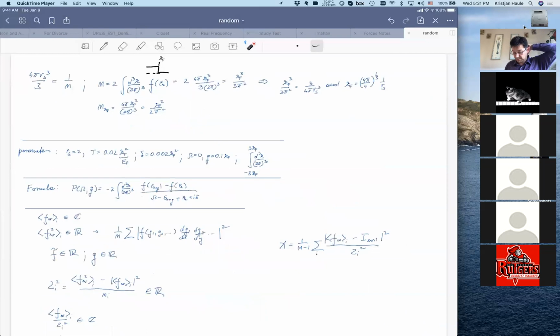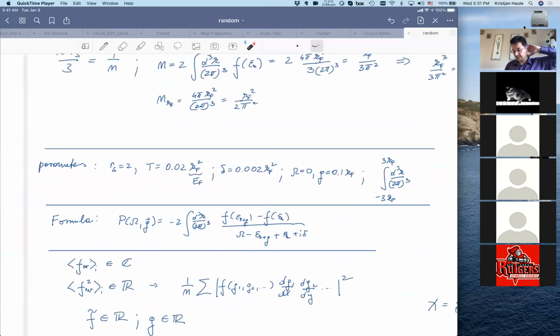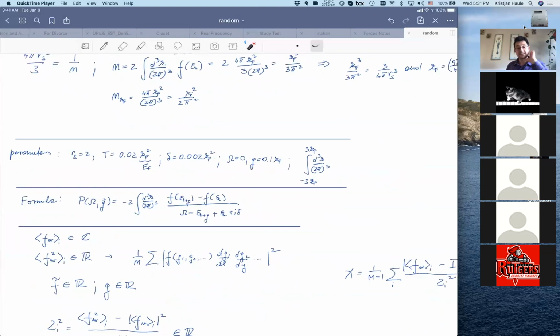The parameters we chose for this exercise: rs is 2, which is a relatively weakly correlated system where this approximation is not bad.